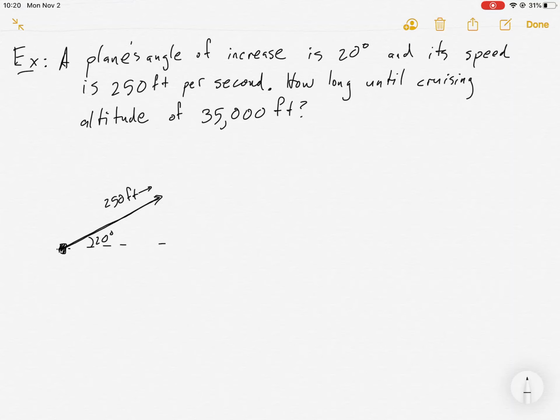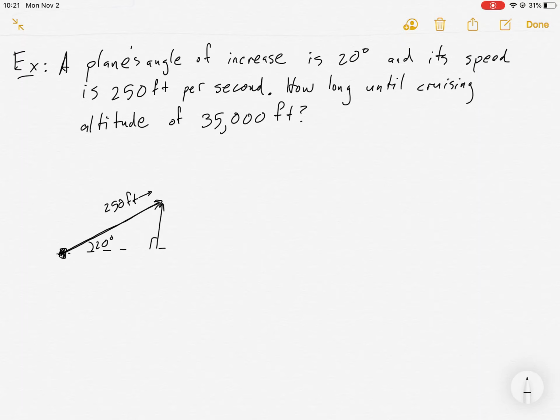Now, what makes this tricky is my height is actually this right here. It's not the 250 feet, that's not corresponding to height. So what I really need to do is figure out what the vertical component of my speed is in this case.